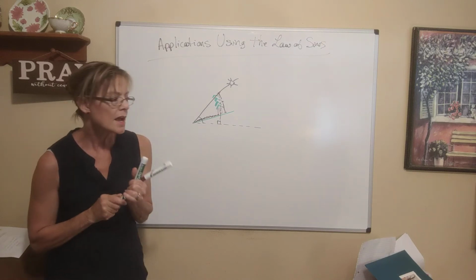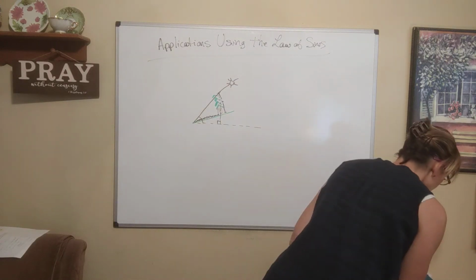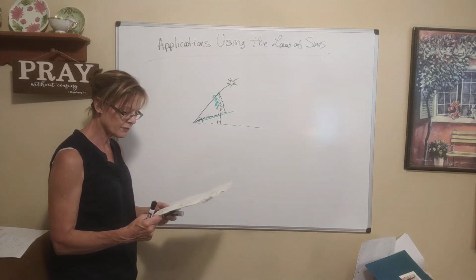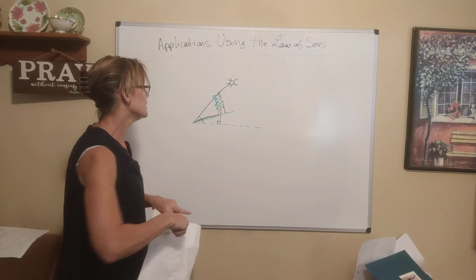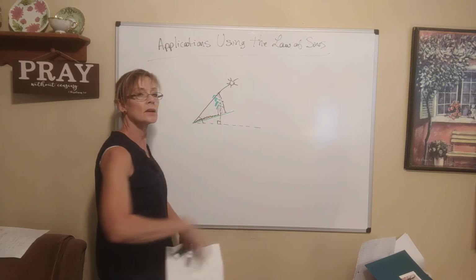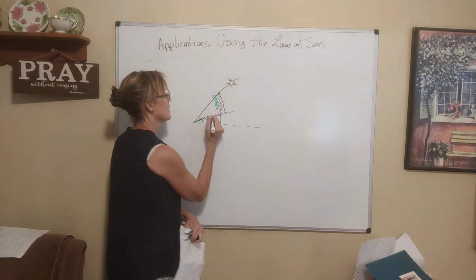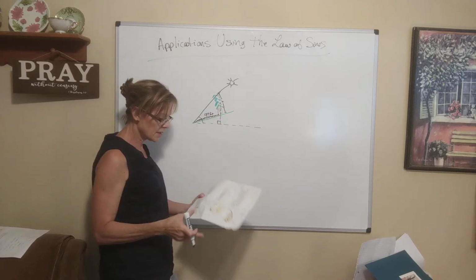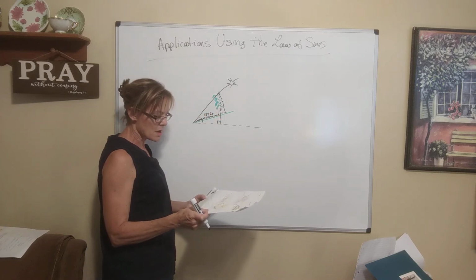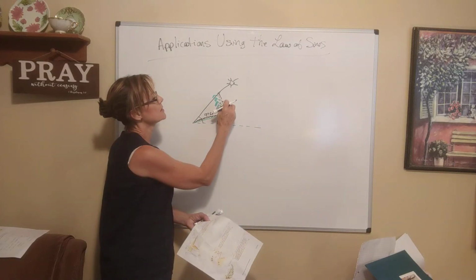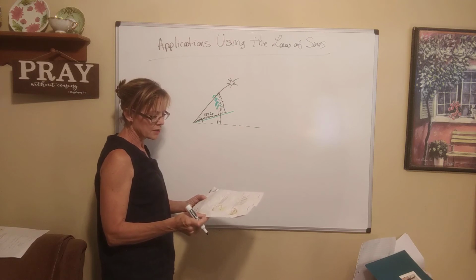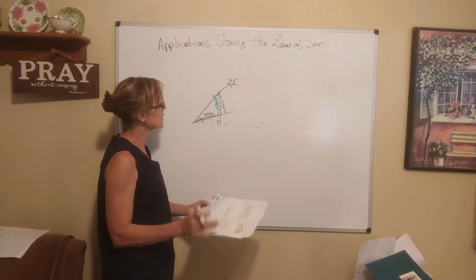They tell us in the picture that a tree growing on a hillside casts a shadow of 157 feet. So that means the shadow right here is 157 feet. Then it says find the vertical height of the tree, this distance x right here, if relative to the horizontal, the hill slopes at 11 degrees.